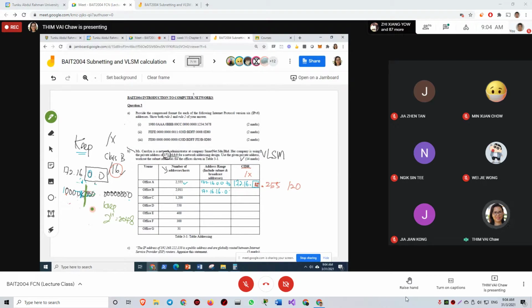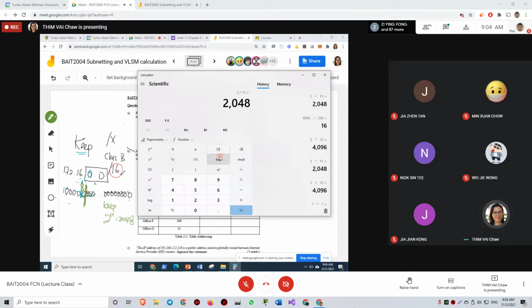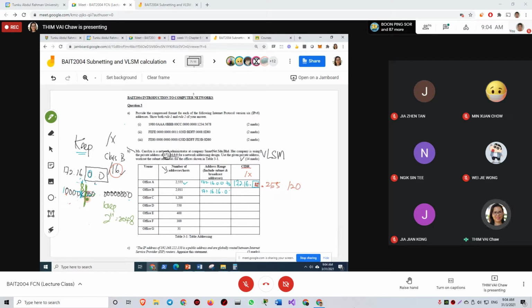So what is my magic number? My magic number here is 8. Okay, my magic number is 8. So straightforward, I know that, or you can use the calculator, 2048 divided by 256 equals 8. Now this 8, how are you going to count this 8? Remember, this is a magic number that you're going to add to get a new address.